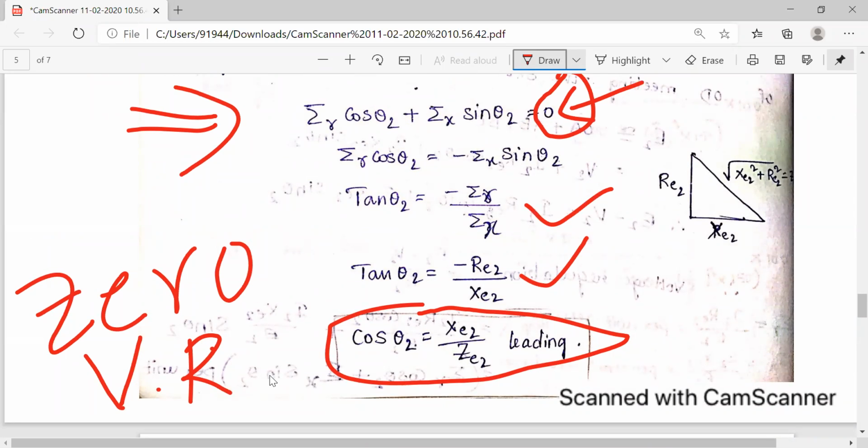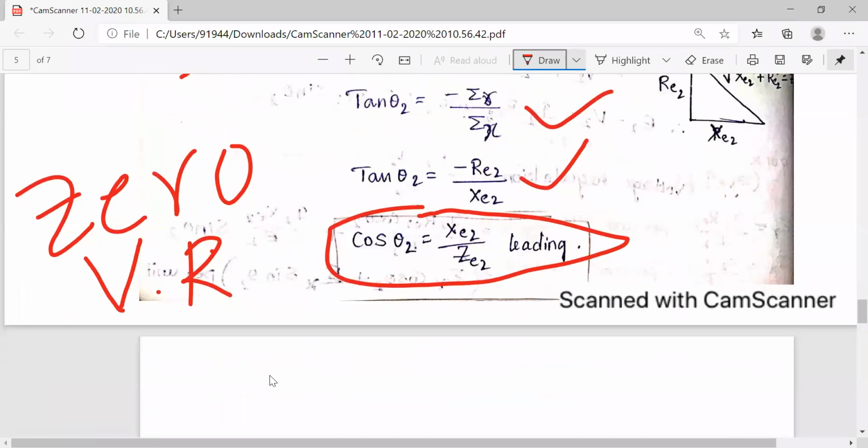This is the tan theta value, because tan theta equals sigma R by sigma X. Substitute the sigma R value and sigma X value, and then we get the tan theta value, which gives cos theta. So that is the formula for zero voltage regulation.